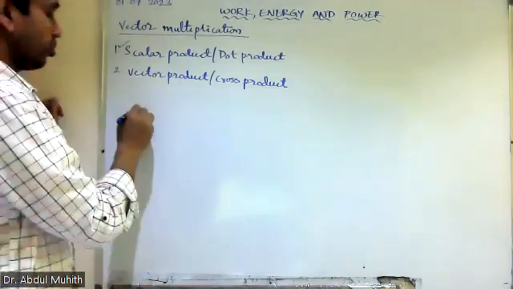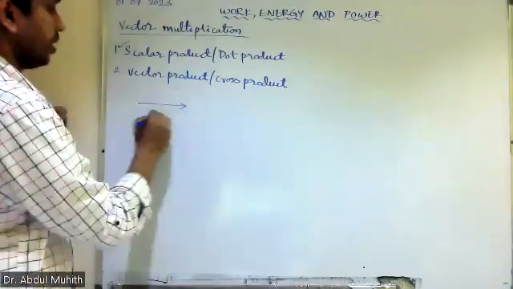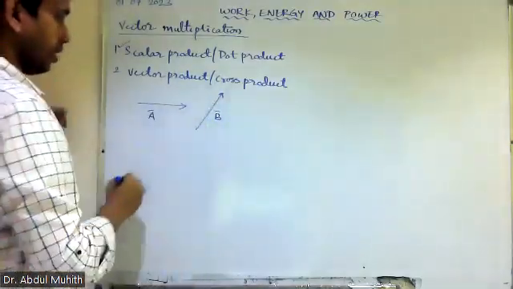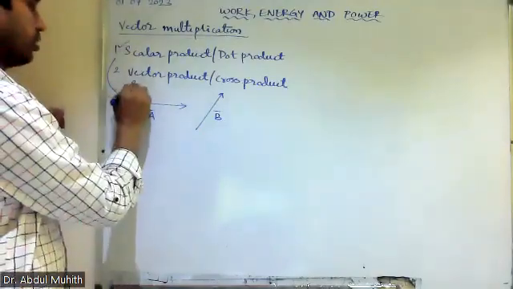Now, suppose there are two vectors. Vector A, this is vector A, and vector B, which is making an angle theta with the horizontal. Okay, I'm going with the scalar product, not vector product.